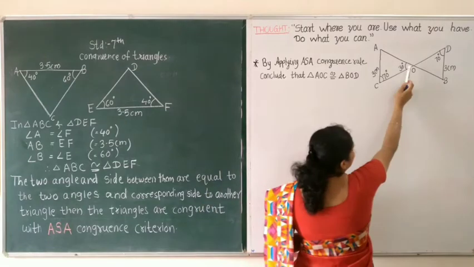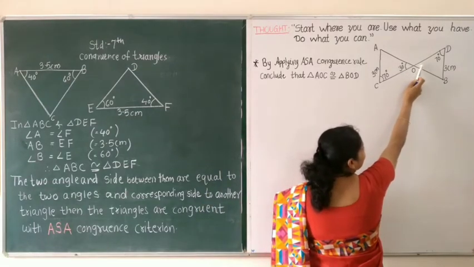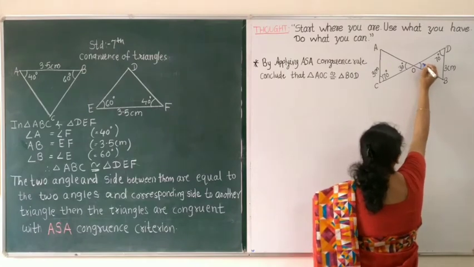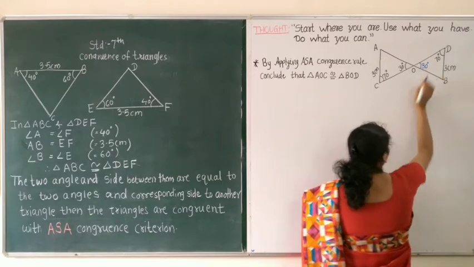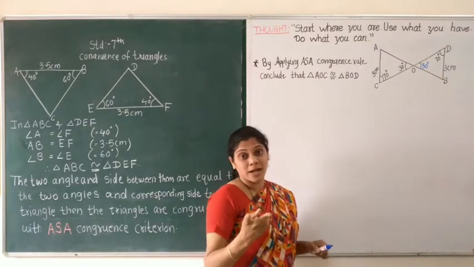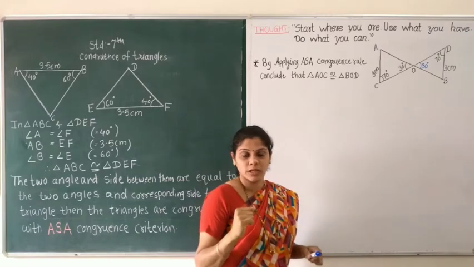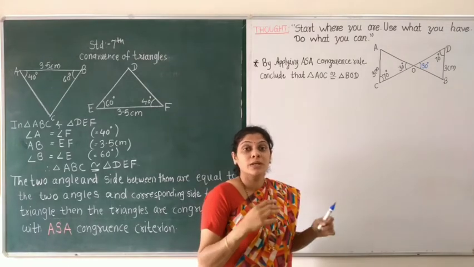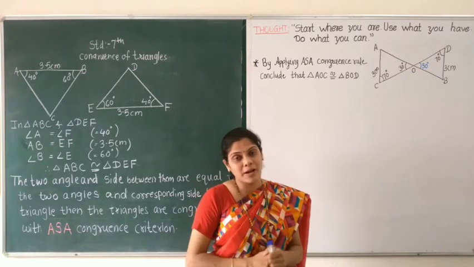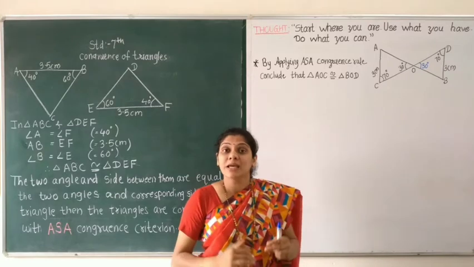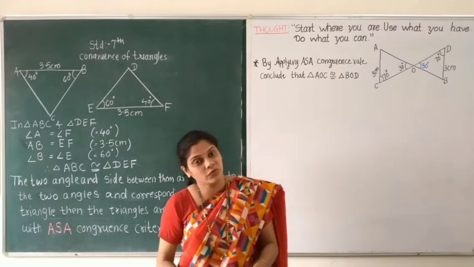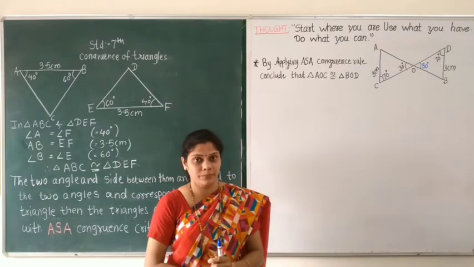So if this angle is 30 degrees, this angle is also 30 degrees. So we get two angle measurements. But what about the side? Whichever side they give us is not included by the angles. That means we have to find the measurement of an angle.